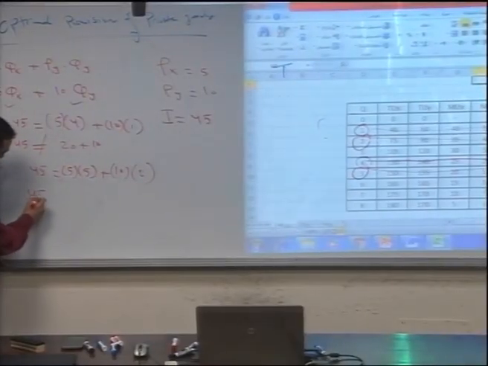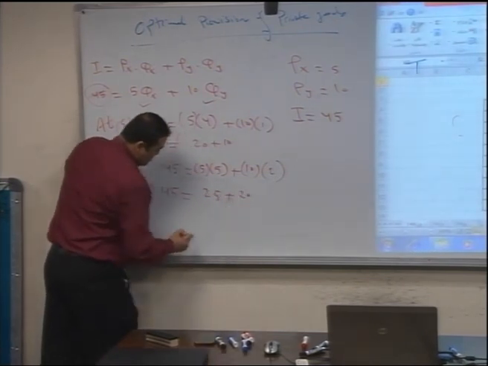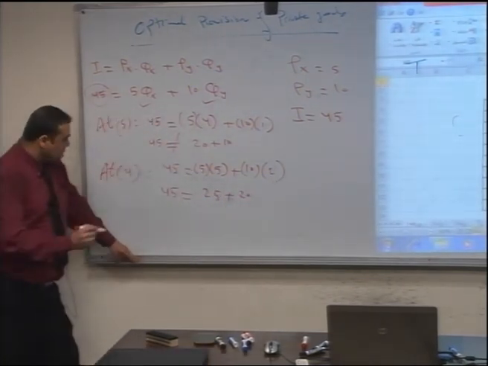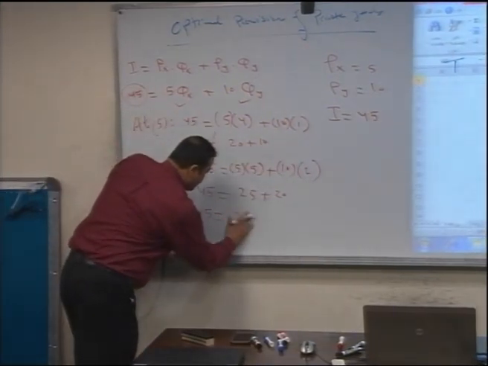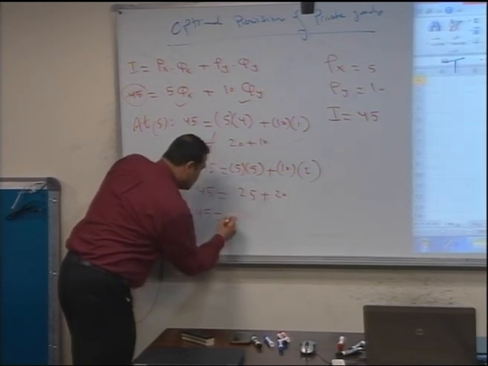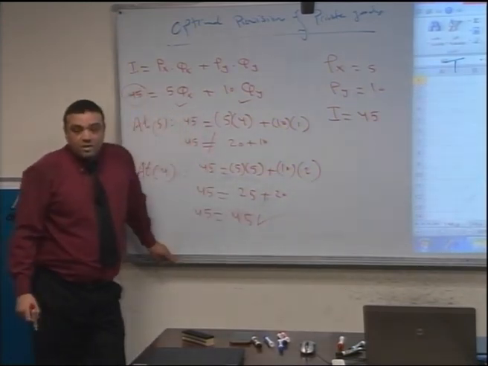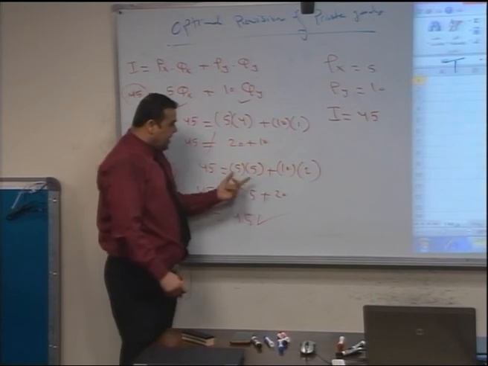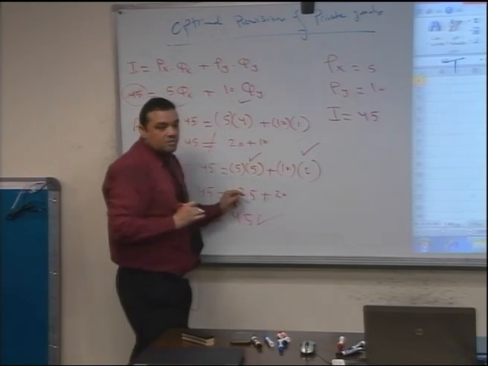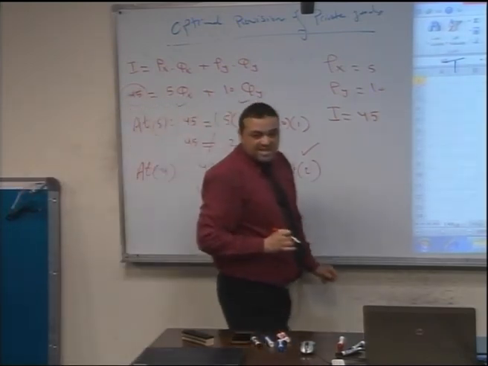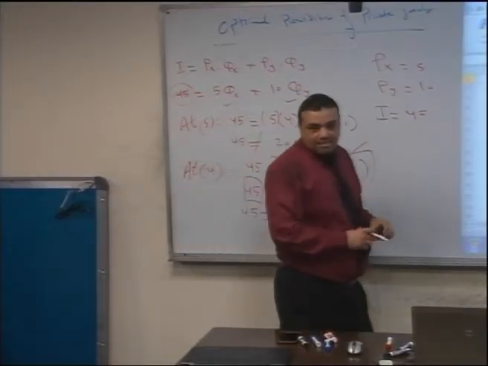So 45 must equal 25 plus 20. Yes. So 45 equals 25 plus 20 equals 45. That's it. So the quantity of X must equal 5, and the quantity of Y must equal 2. These quantities maximize the total utility. Otherwise not.